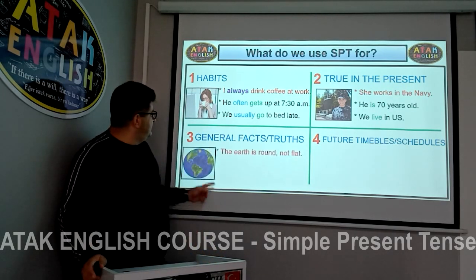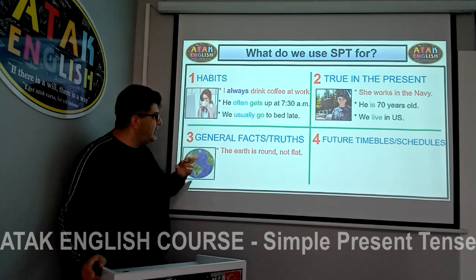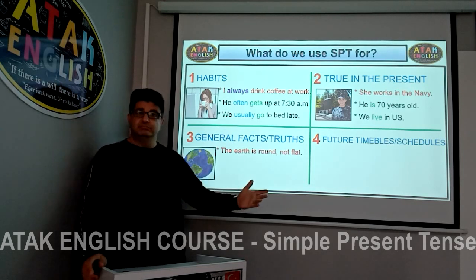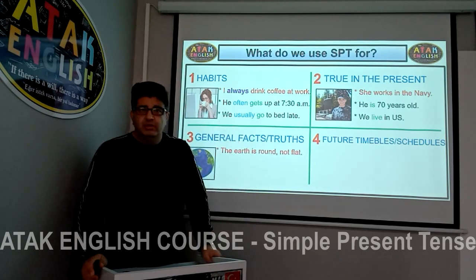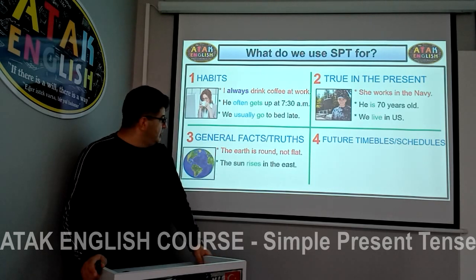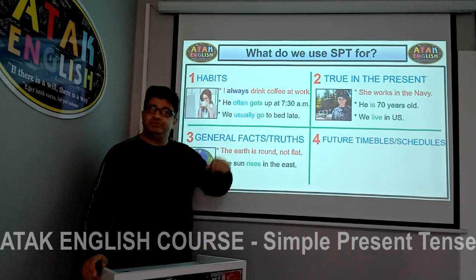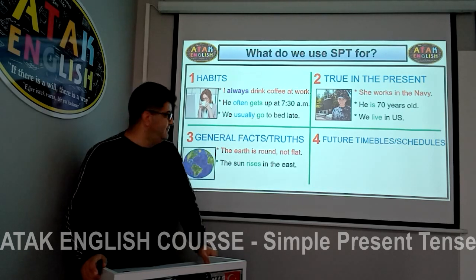Here comes our example for general facts and truths. The earth is round and not flat. That's a natural fact which nobody can change, right? Our world, earth, is round and not flat. So we use simple present tense for general facts and truths because we cannot change natural facts or general facts.